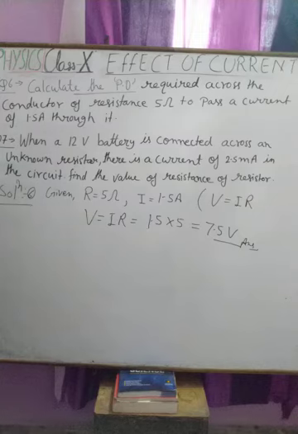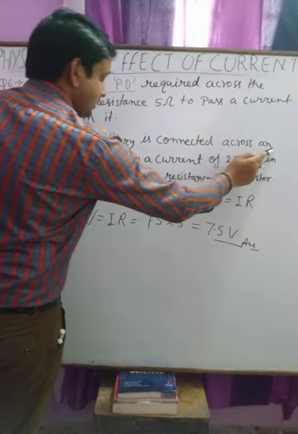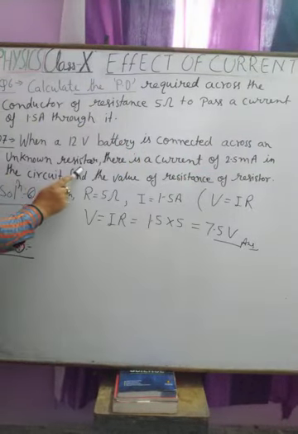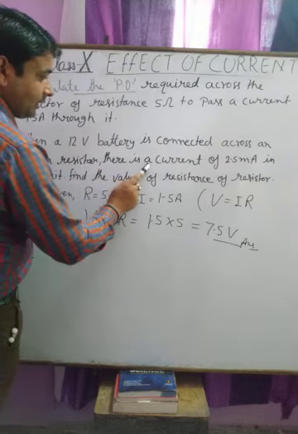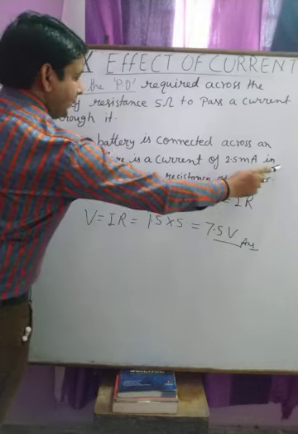Okay, now we are going for solution number 7. In question number 7 we have: when a 12 volt battery is connected across an unknown resistor, there is a current of 2.5 milliampere in the circuit. Find the value of resistance of the resistor. Here we have to calculate the value R. We are using the same formula for the solution.